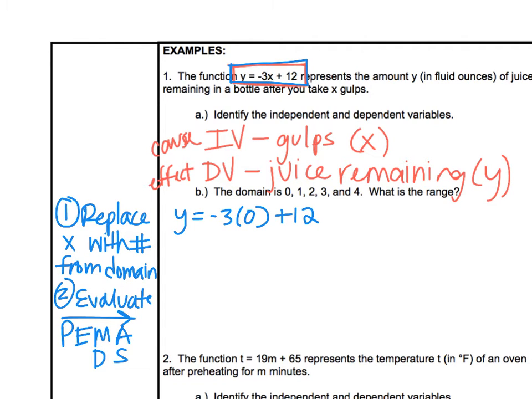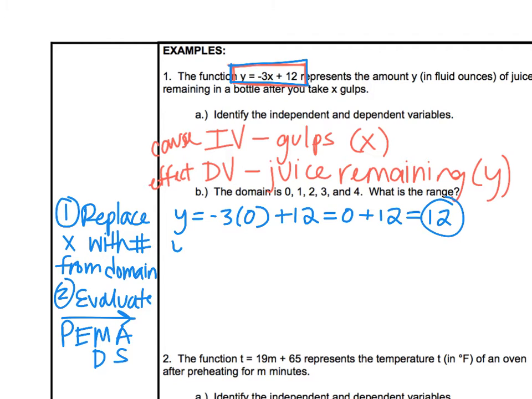So everything stays the same except I change x to one of the numbers for my domain. Negative 3 times 0 is 0. So 0 plus 12 is 12. So that is one of the numbers from my range. So after I took 0 gulps, there was 12 ounces left.